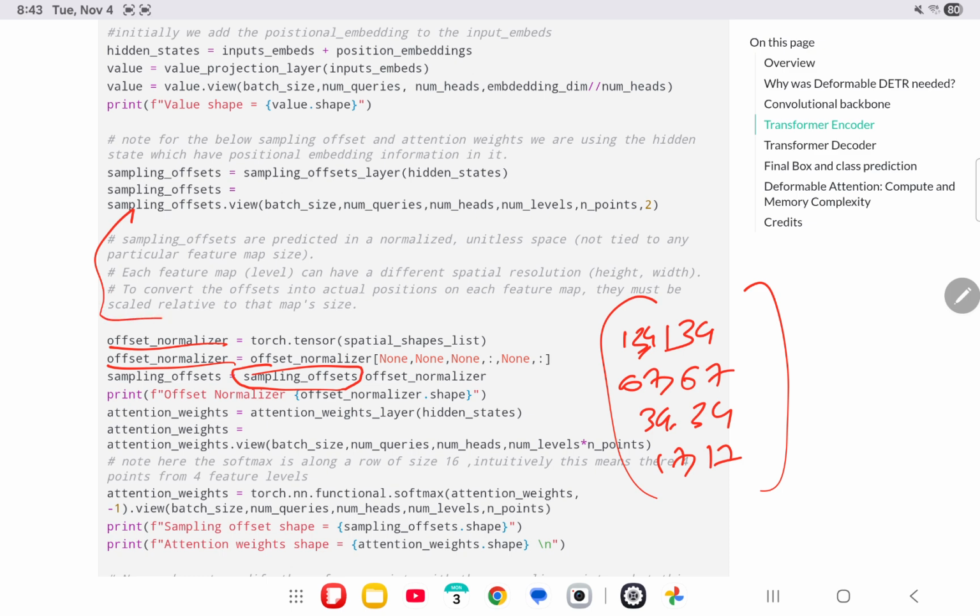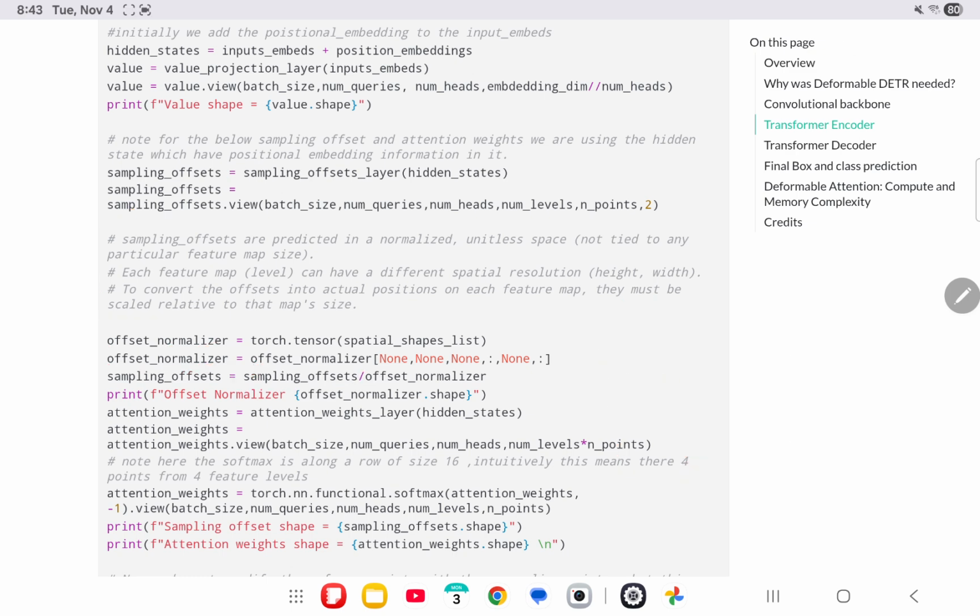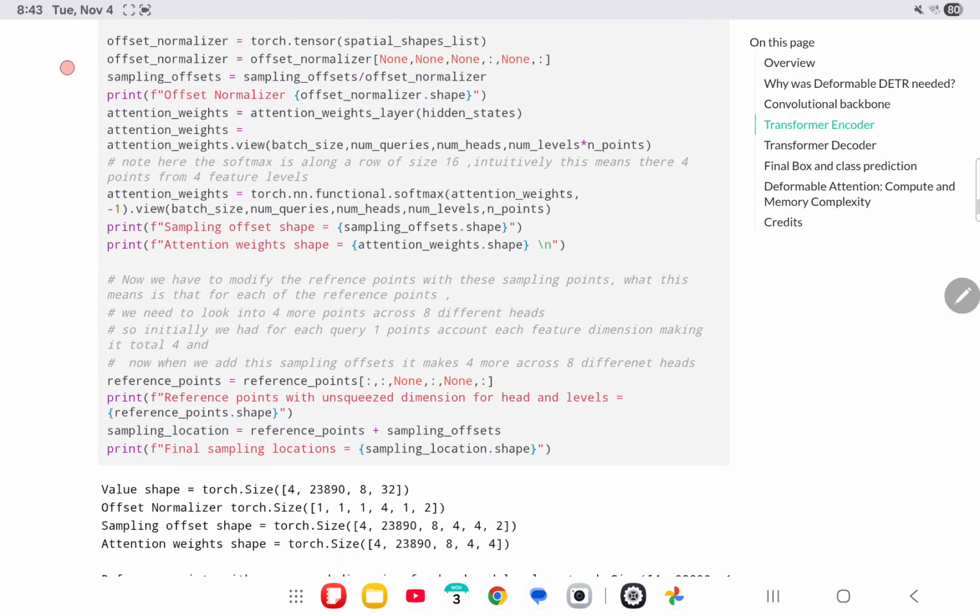This is in the paper, and the open source implementation has the same thing. After that it's the same: you have to do a softmax across the attention weights, and then you have to multiply them.